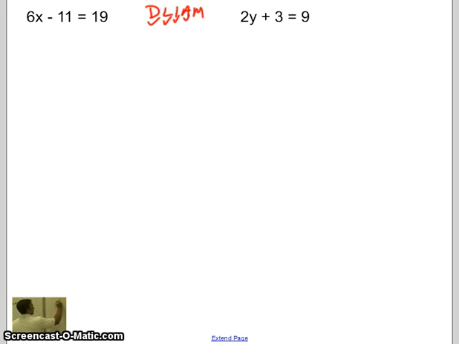Well, we have subtraction, so we're going to add. We're going to do the opposite. 6x equals 19 plus 11, 30. Now we're going to do our multiplication or division. We're going to divide by 6 to get x by itself. And 30 divided by 6 is 5.